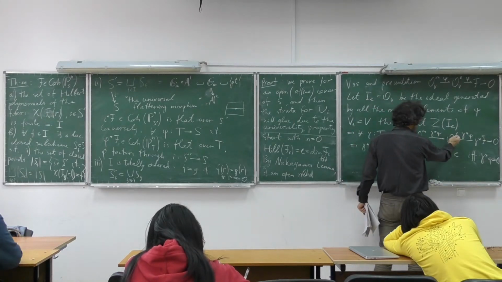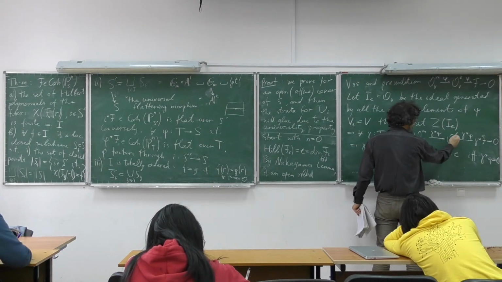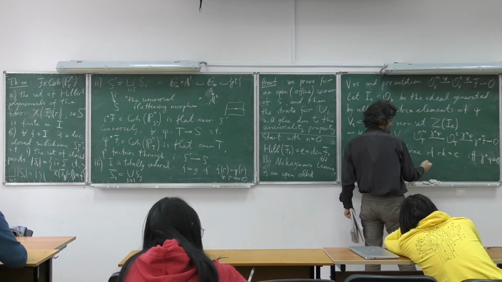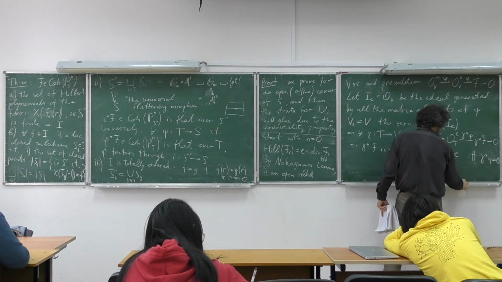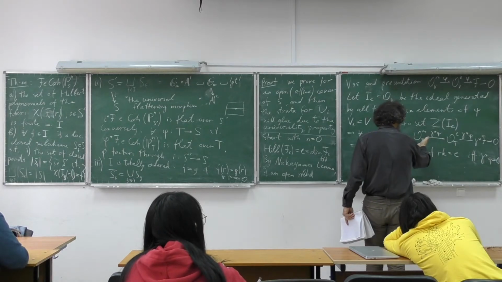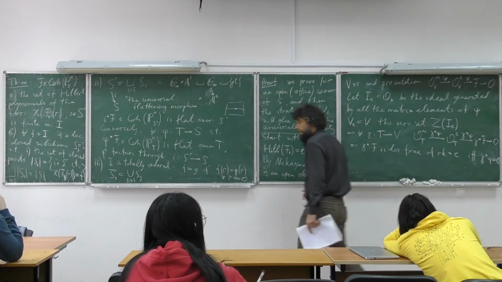Because already here we have a locally free sheaf of rank E. So in order for the quotient to be such, you don't want any kernel.